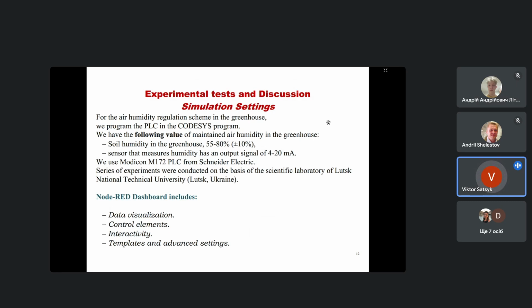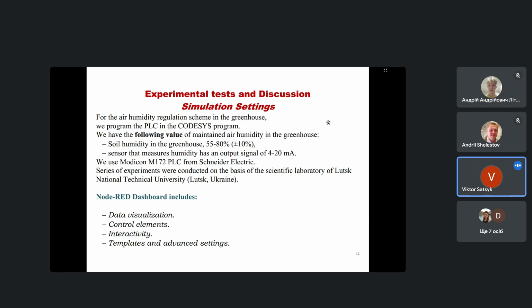Okay, experimental tests and discussion, simulating settings. With the air humidity regulation chain in the greenhouse, we program the PLC in the CodeSys program. We have the following value of maintained air humidity in the greenhouse. Soil humidity in the greenhouse is from 55 to 18%, plus or minus 10.